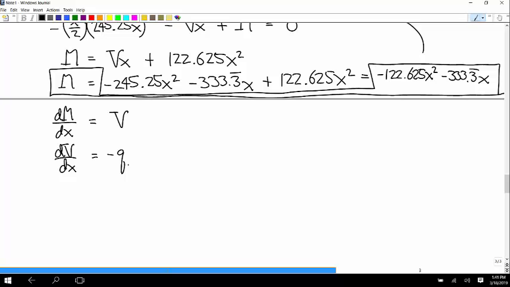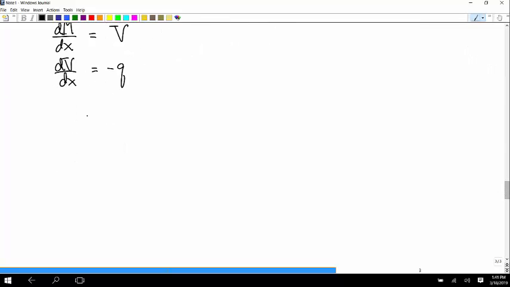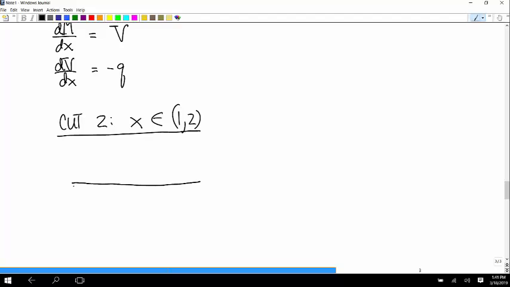Yep. That's right. So now we're going to do cut 2. And this is valid for x's between 1 and 2. So now we're talking about a piece like this, leaving off some amount on the right end.